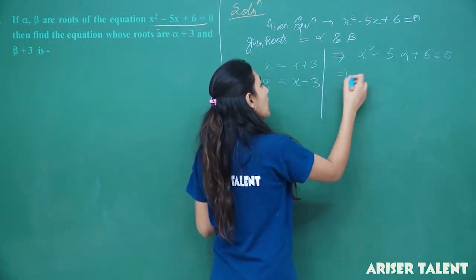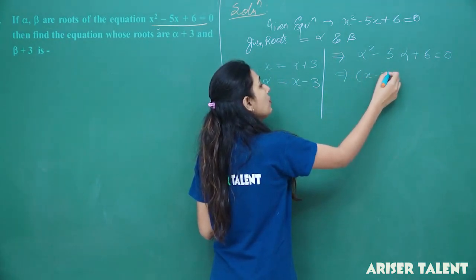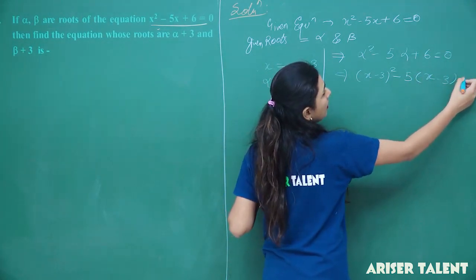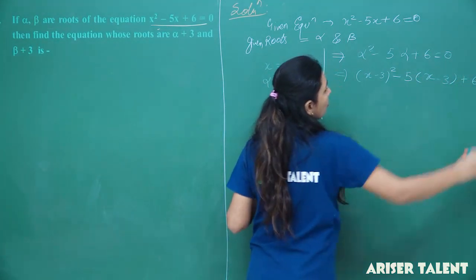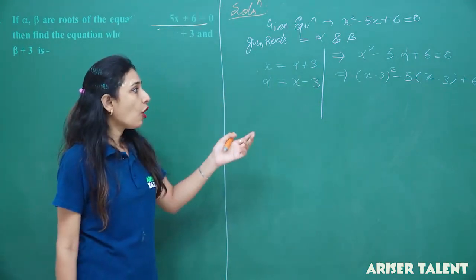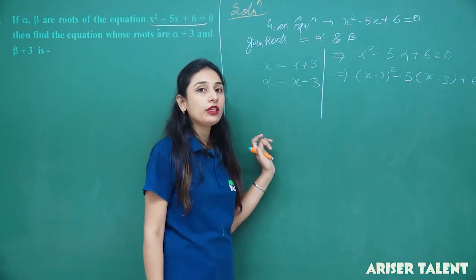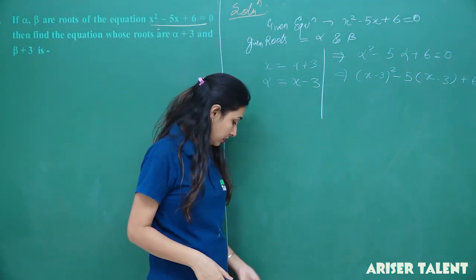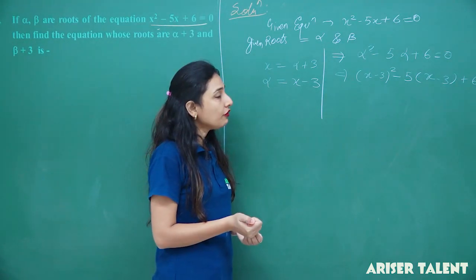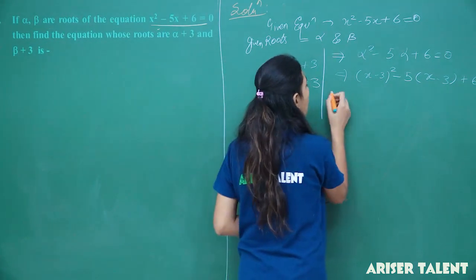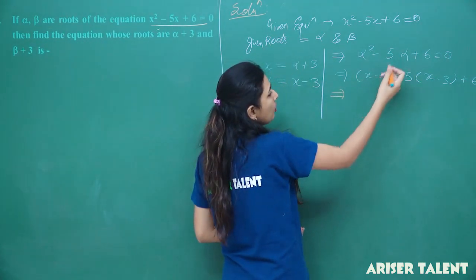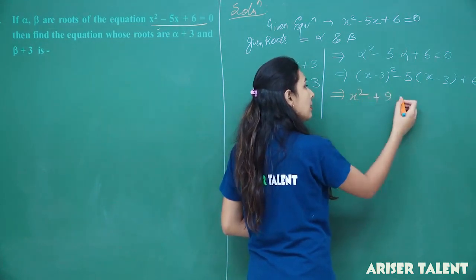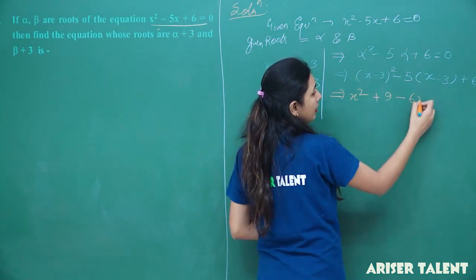So x minus 3 whole square minus 5 times x minus 3 plus 6 equals 0. Why in the form of x? Because we have to find the equation, and the equation will always be in the form of x. Now if I solve this, a minus b whole square gives a square plus b square minus 2ab.